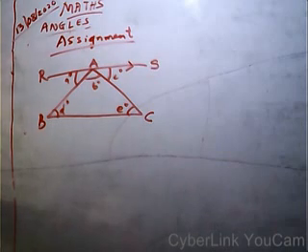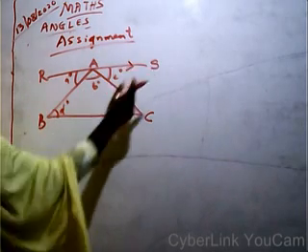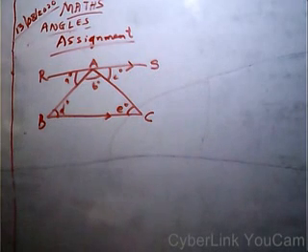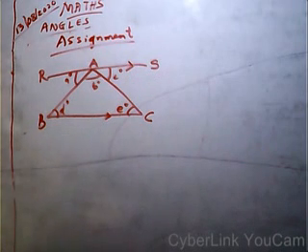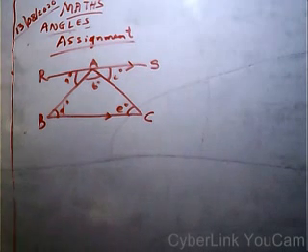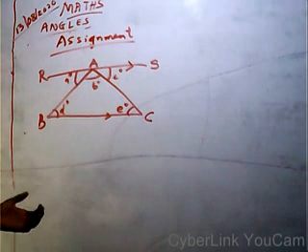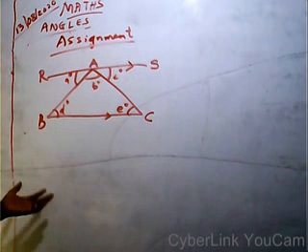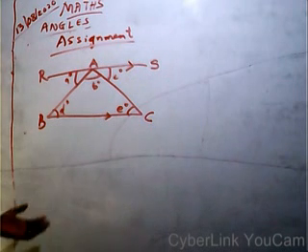And this line RS is parallel to line BC. So look at the assignments very well. Just tell me this angle is alternate to that angle, this angle is corresponding to that angle, or these angles are angles on a straight line.